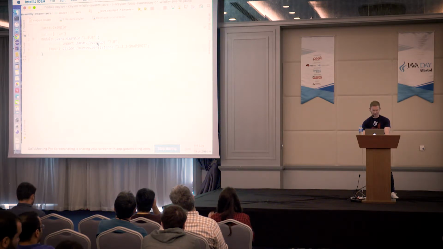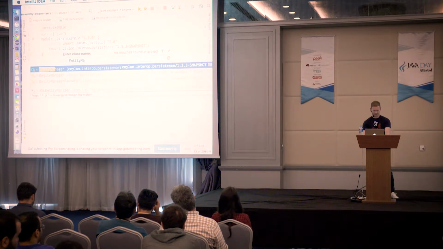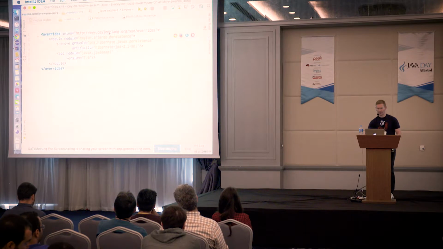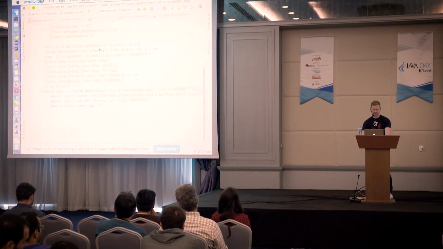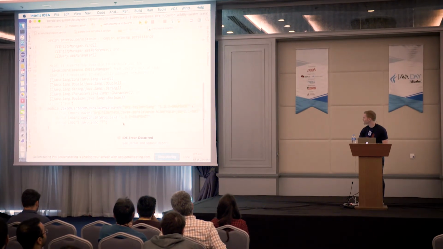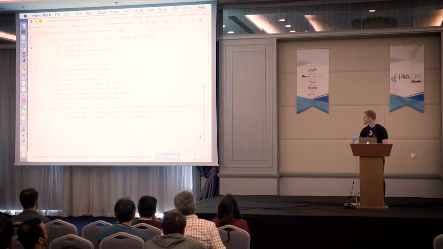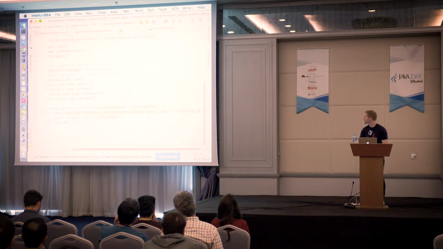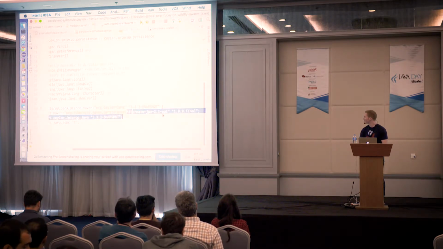There's one more thing I had to do here, which is that if you look at this module here, the Ceylon persistence module, it declares a dependency to the Hibernate JPA API.